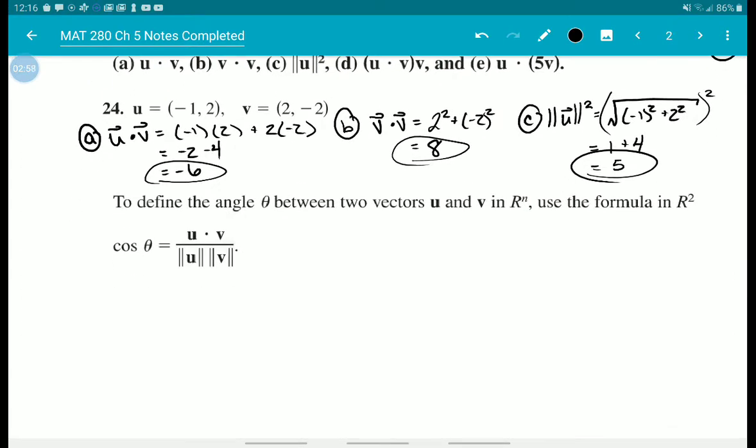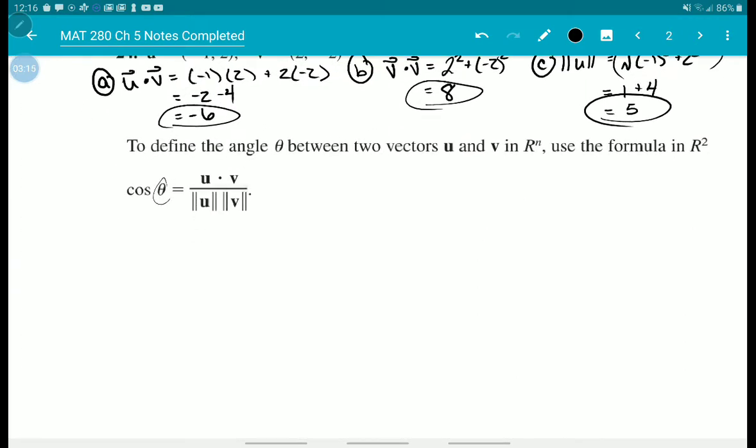Dot products are used to help us find the angle between two vectors in space. So if we want to find the angle between two vectors, cosine of theta is equal to u dot v over the magnitude of u times the magnitude of v. So to figure out what theta is, we could take the inverse cosine of both sides.